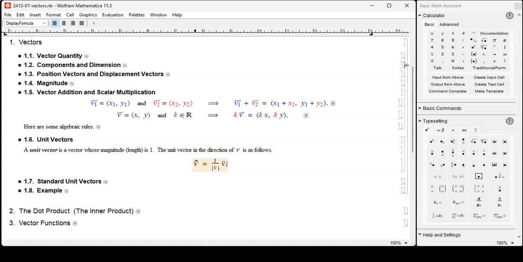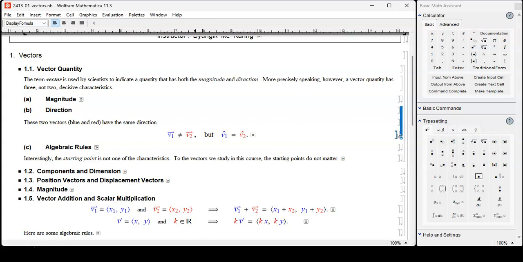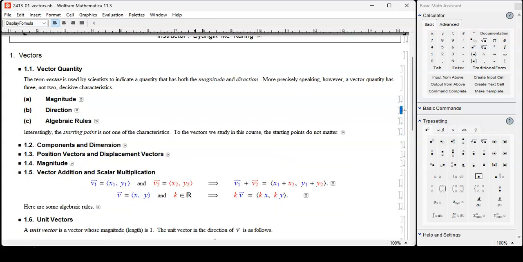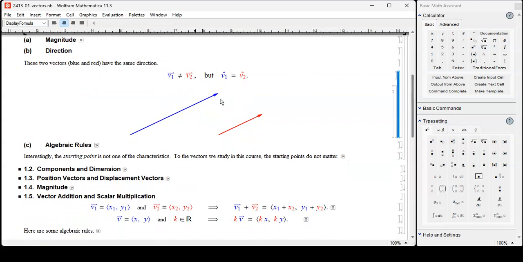By the way, we went through that kind of expression over here. What do you mean by this, v1 hat and v2 hat are the same? v1 hat is a unit vector in the direction of this v1, and v2 hat is a unit vector in this direction. Say, for example, if this blue vector has length 4, divide by 4, so up to here.